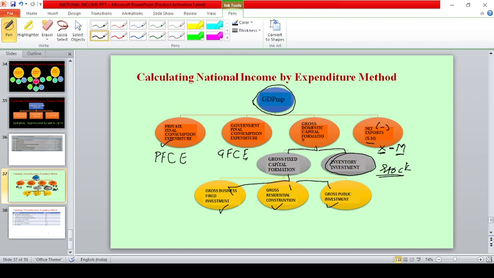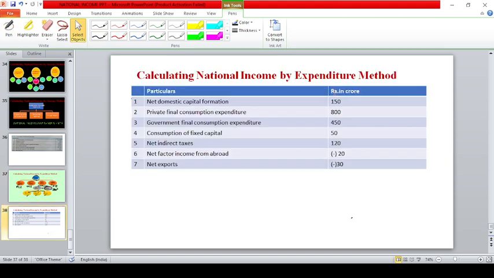So gross fixed capital formation plus inventory investment gives you gross domestic capital formation. Hope you understood all the components of GDP at MP in order to calculate national income by expenditure method.